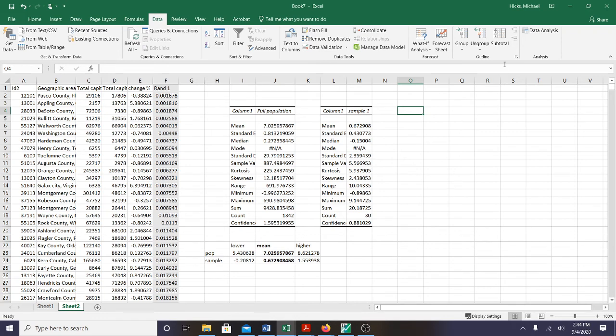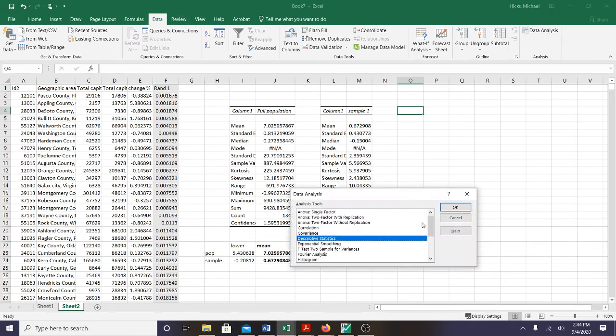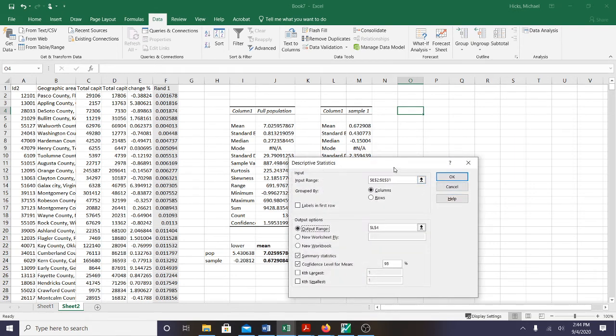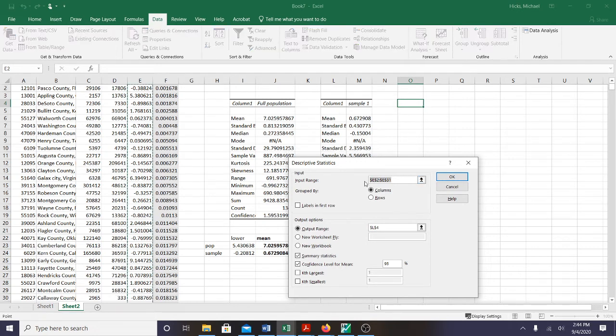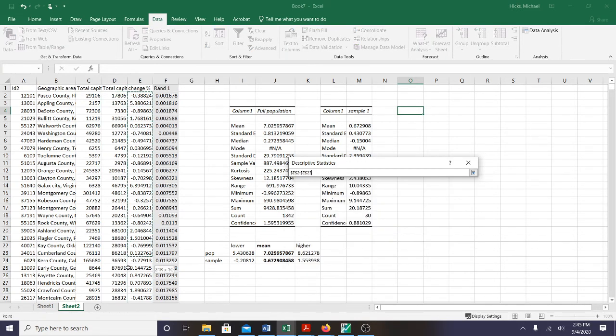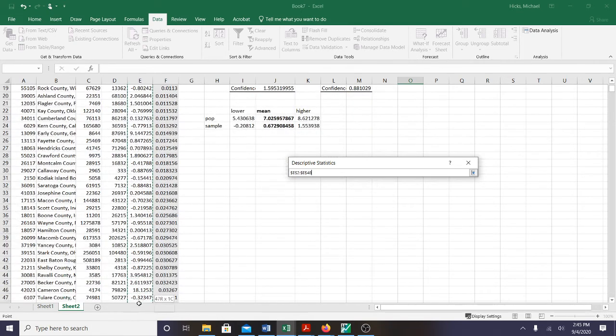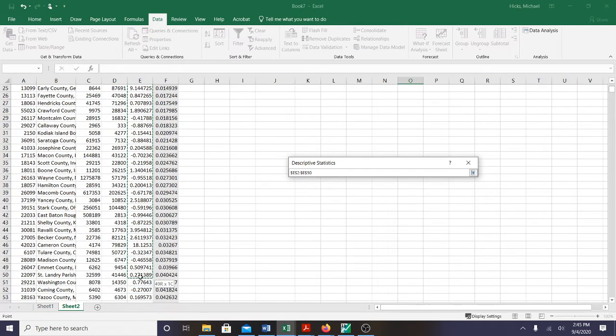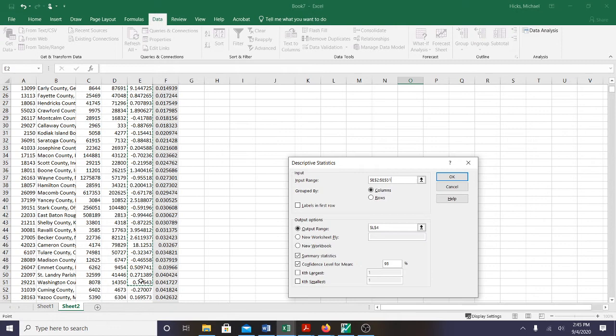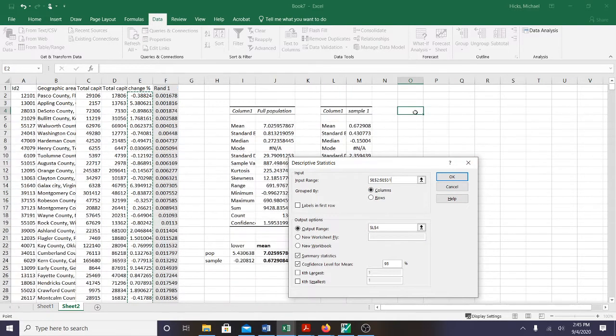And so let's look at another sample. Right, let's do another descriptive statistics, and this time let's go up to, in this case, 50 places. And we want to spit that information out.